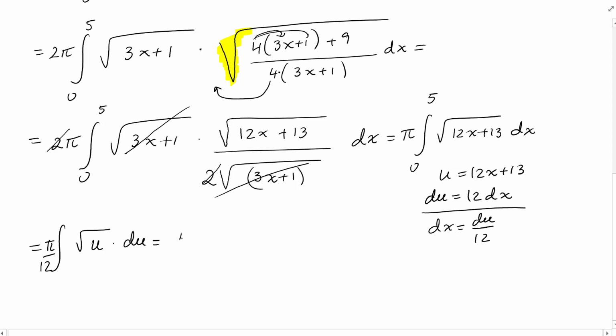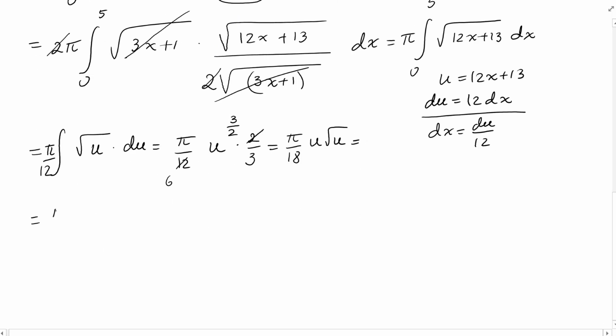So we have pi over 12, u to the 1/2 plus 1, that's 3 over 2, times 2 over 3. If we simplify, we get pi over 18 u square root of u, but the original problem was in x, so I'm going to replace it back and use the same limits of integration. So 12x plus 13 square root of 12x plus 13 from 0 to 5.